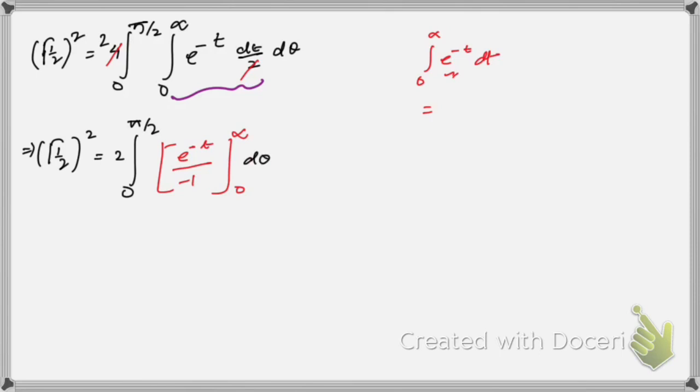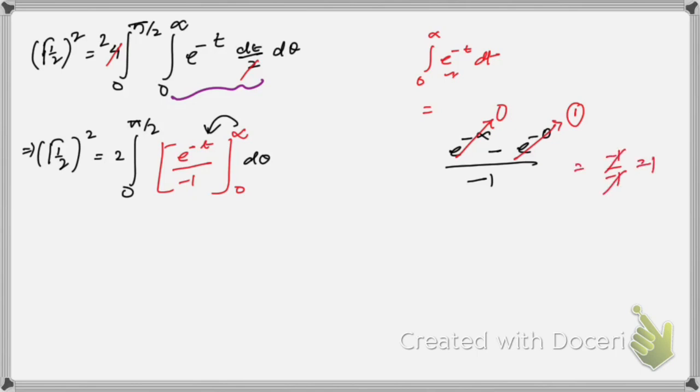Now if you put the upper and lower limits here, on putting the upper limit you will get minus e to the power minus infinity, then minus, if you put the lower limit, you will get e to the power minus 0, that means e to the power 0, by minus 1. Here anything to the power infinity is 0, and anything to the power 0 is 1. So that's why we have got minus 1 by minus 1, and that's going to be nothing but equal to 1, right?